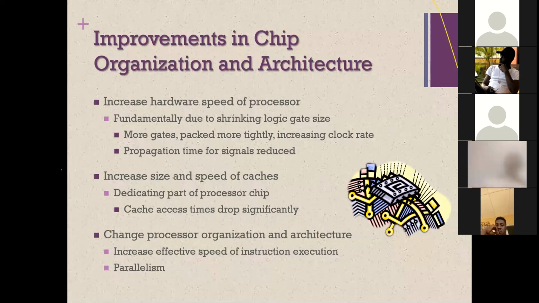With the gates closer together, the propagation time for signals is significantly reduced, which enables the speeding up of the processor. So an increase in the clock rate means that individual operations can now be executed more rapidly, because the execution usually occurs within the clock cycle.